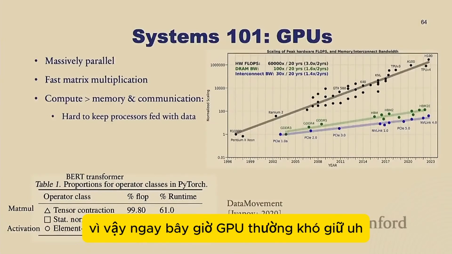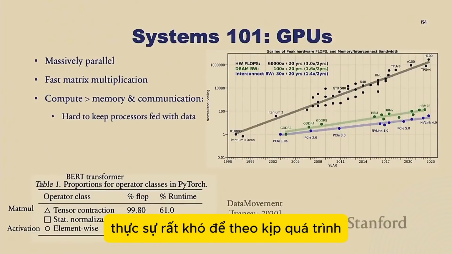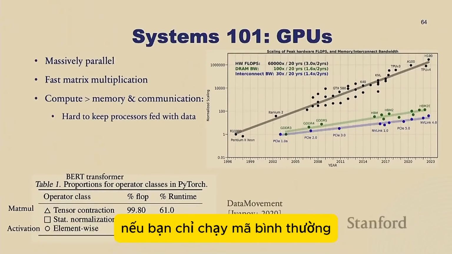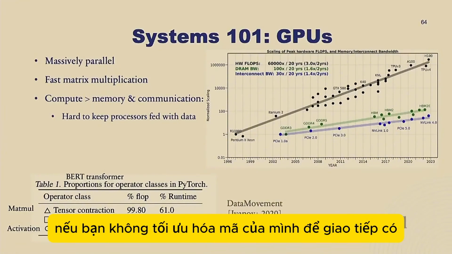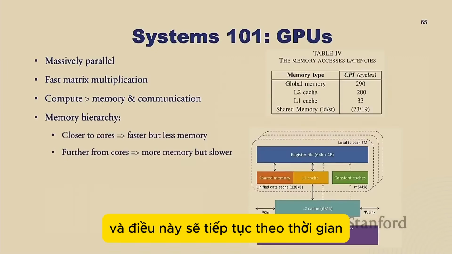So right now, the data that you send to GPUs is hard to keep up with the processing. Most of your GPUs are going to be idle if you just run normal code and don't optimize it. And this will continue over time.